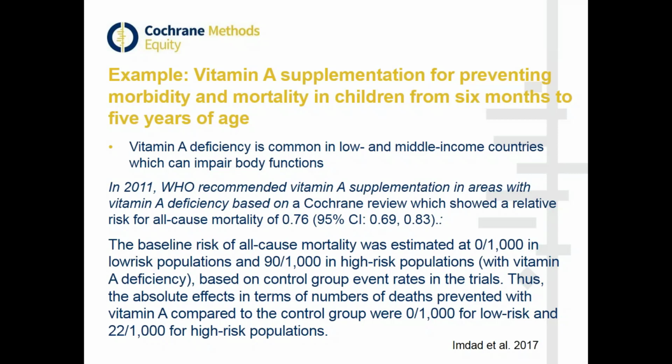So in this review, the authors found that the baseline risk of all-cause mortality was 0 in low-risk populations, but 90 per 1,000 in high-risk populations where there was vitamin A deficiency. So the absolute effect in terms of the numbers of deaths that could be prevented with vitamin A were 0 where there was low risk, but 22 for high-risk populations. So the differences in baseline risks were really important.